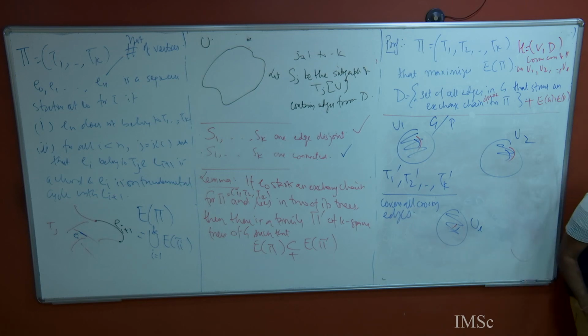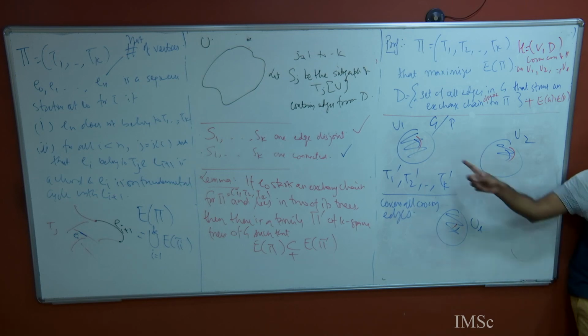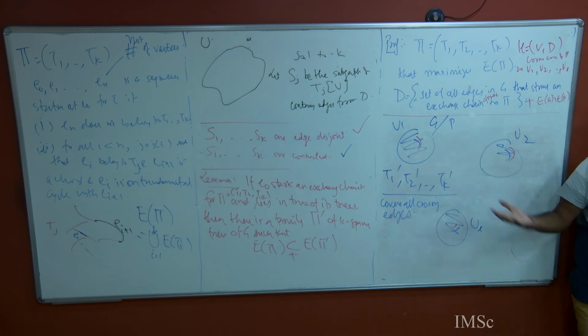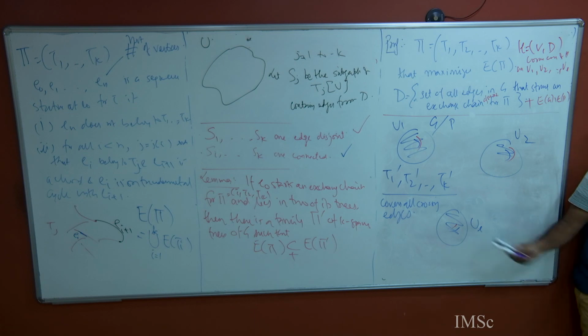So every crossing edge with respect to this partition belongs to the spanning trees. If I contract them, I have covered all the crossing edges with the spanning trees. This is what I told you. It was an easy argument, a clever argument.